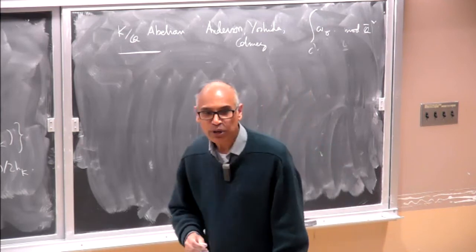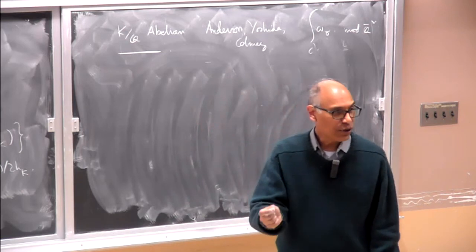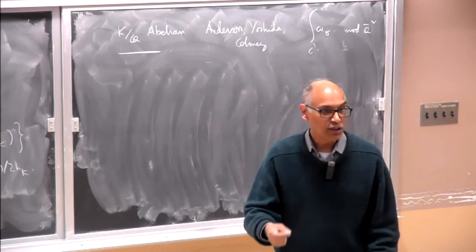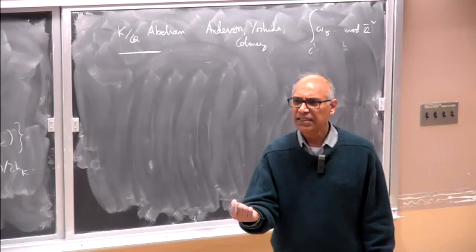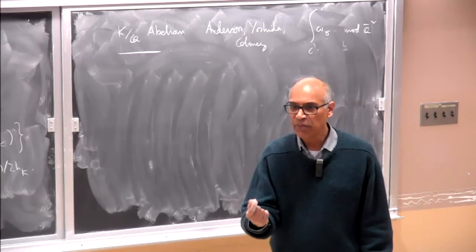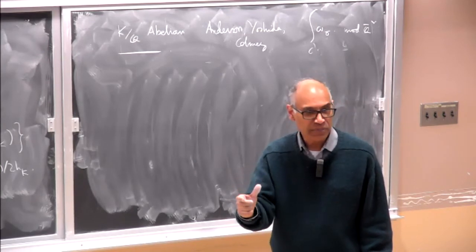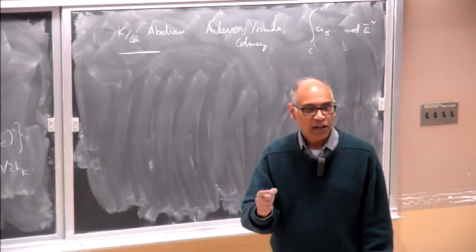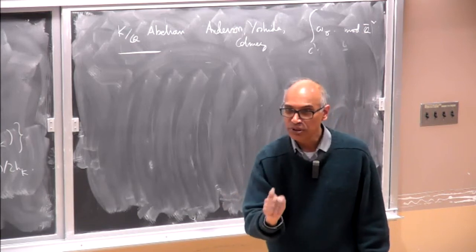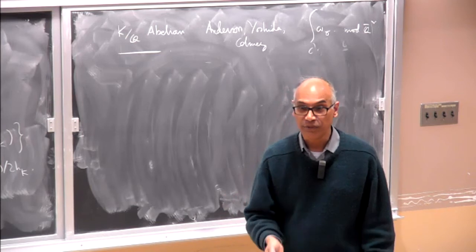So Ihara at one point was interested in looking for curves over finite fields that have a large number of points. Large number meaning there's an obstruction given by the Weil bound on how many points there can be on a curve over a finite field. Curves that push the limits of that bound are considered good curves.